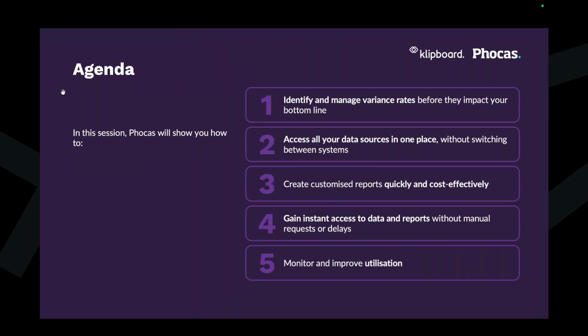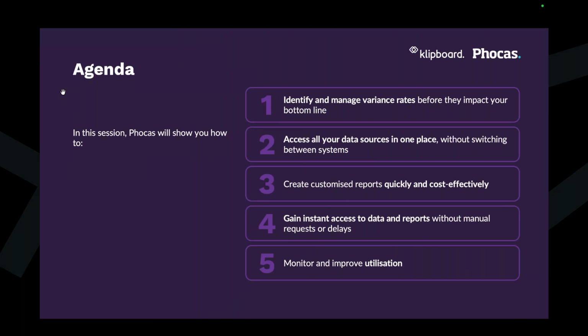What I'd really like to have you walking away today knowing and understanding is how our platform can help you get quicker, easier, and more efficient access to your business data. That's going to help you to identify things like variance within your customer base, and help you understand how you can loop in additional data sources alongside your on-rent system to make a central platform for the business.